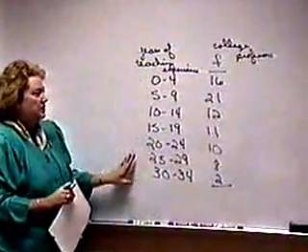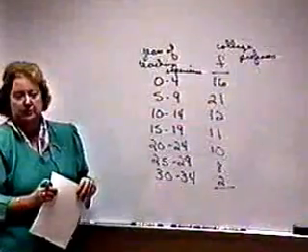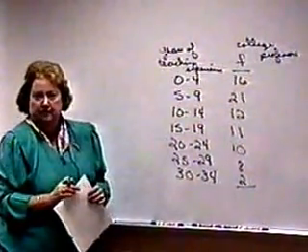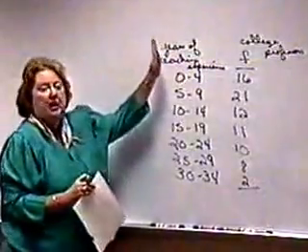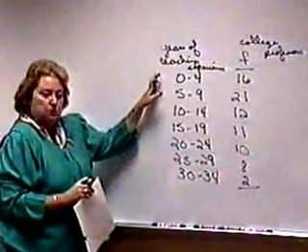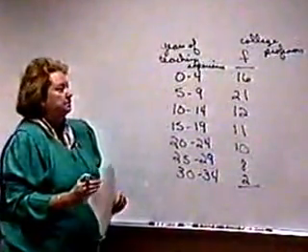So now that you know what these numbers mean and what they stand for, a title might be something if I told you what college this came from. If I told you that these were South Plains College professors, that would be the title of this group, so you would know what group of people this represents.